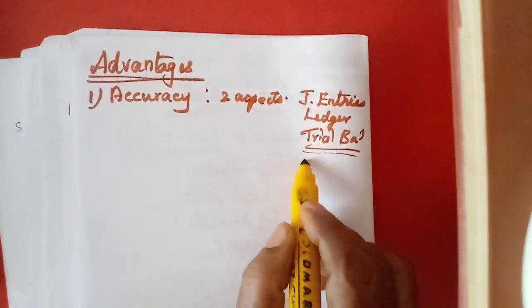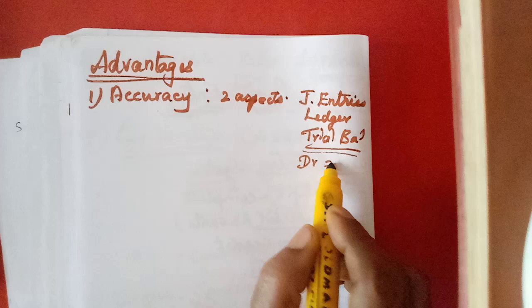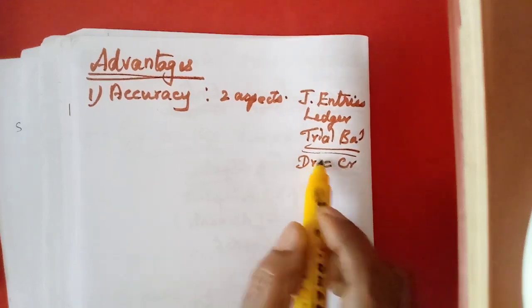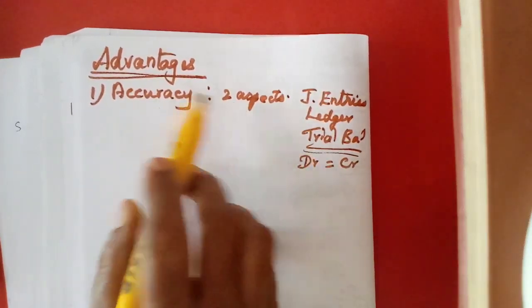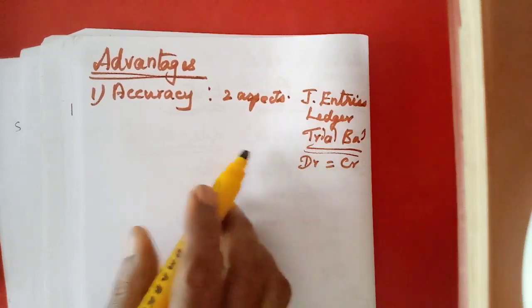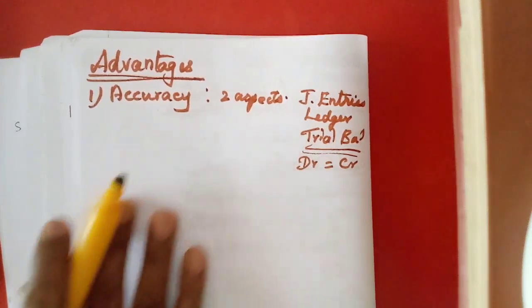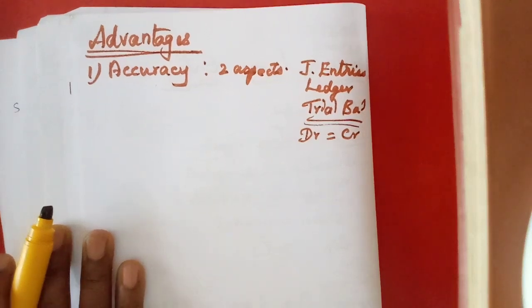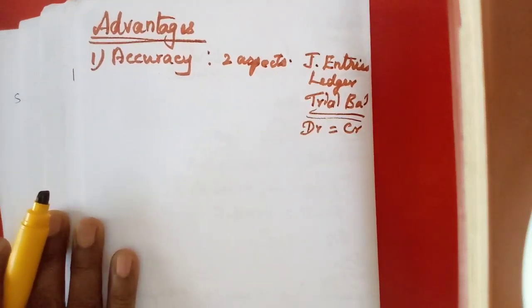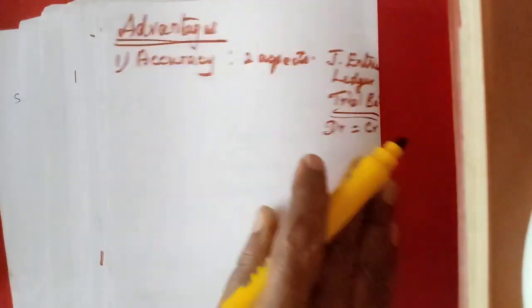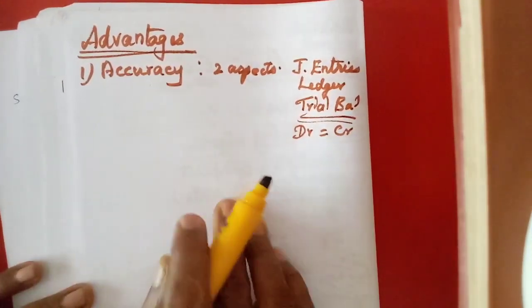If the trial balance debit side is equal to the credit side, we can conclude that our arithmetical calculations are accurate, to some extent. Totally, we cannot conclude that all the calculations are correct. There may be some errors also, which we will learn in the future lessons.